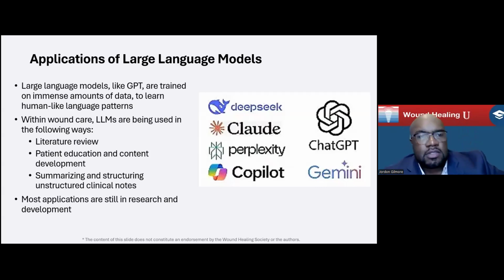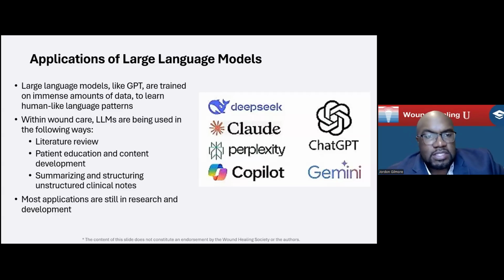Large language models. I wanted to start here because this is something that we probably all heard about or maybe even tried. It's really made AI accessible to lots of people. So these models, like we said, are trained on lots of data, primarily from the internet.